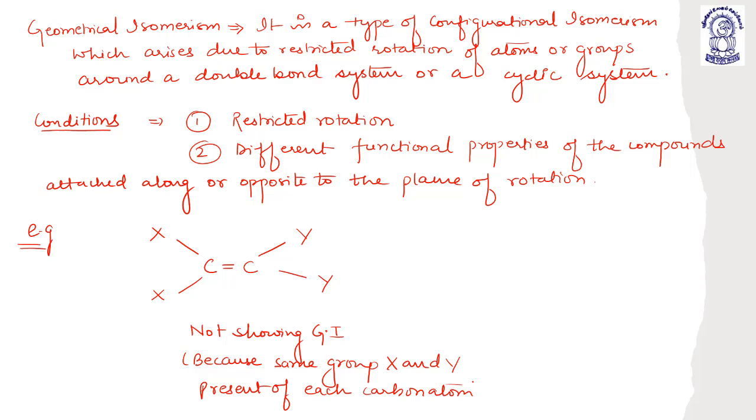So there should be an unsymmetrical attachment of the groups to the double bonded carbon. For example, if the double bonded carbon has X and Y, then it will show geometrical isomerism.